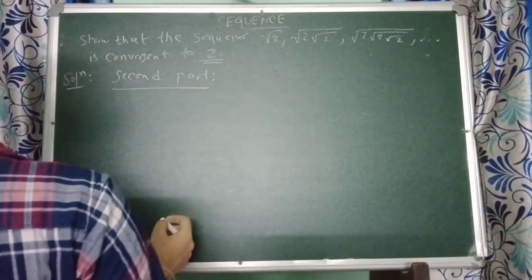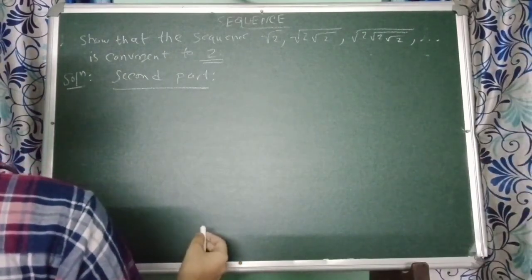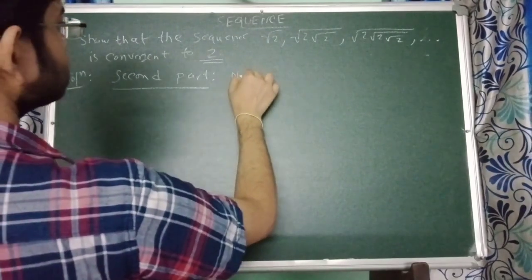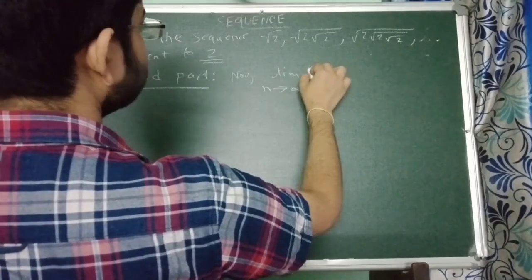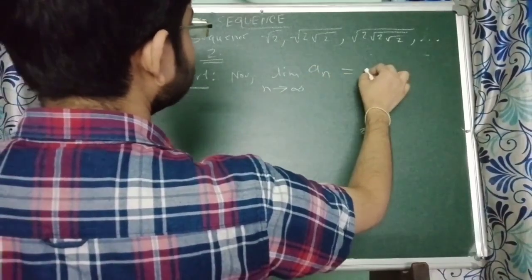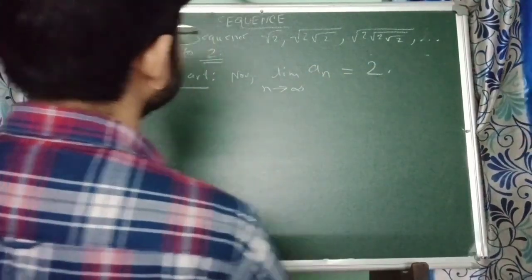Now we show that limit n tending to infinity a_n equals 2.